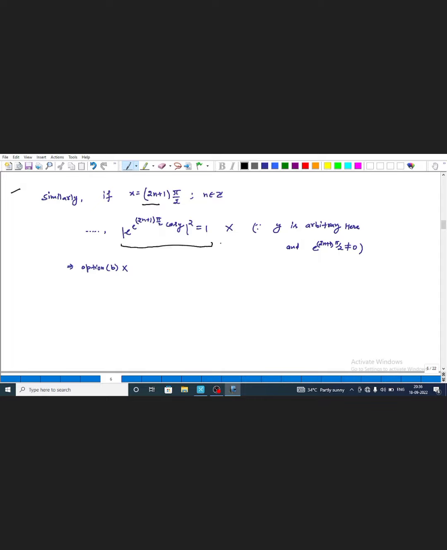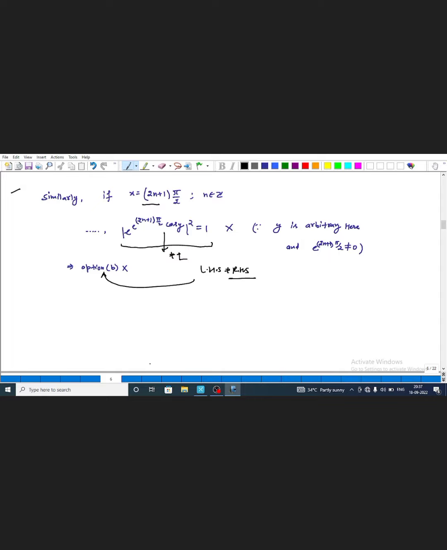That is in general incorrect because y is arbitrary here, and for every integer n, e^((2n+1)π/2) is not equal to 0. This implies that this whole term cannot be equal to 1. This implies that the left hand side is not equal to the right hand side. This implies that option B is incorrect.